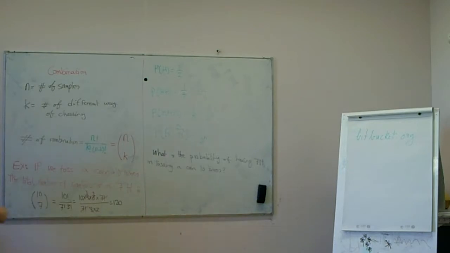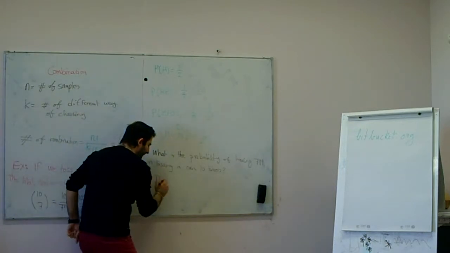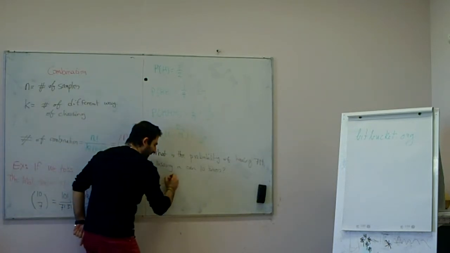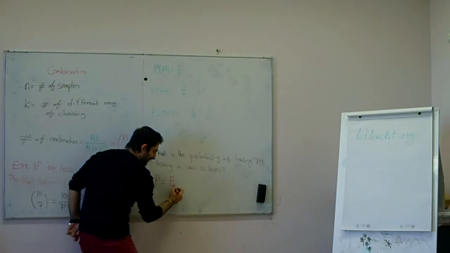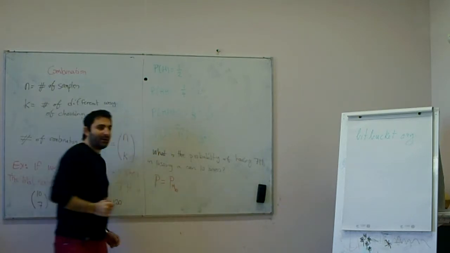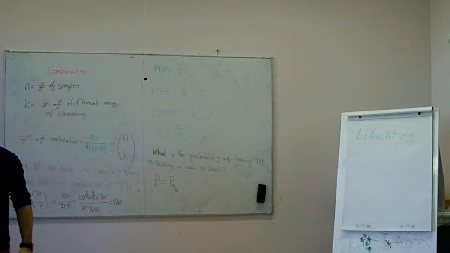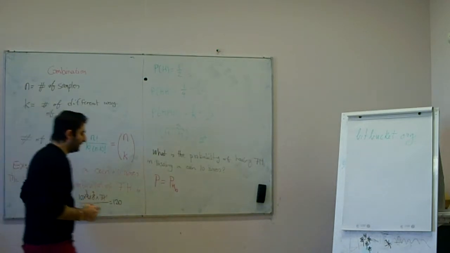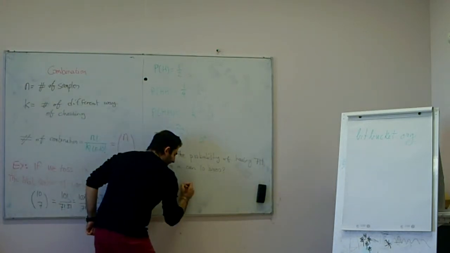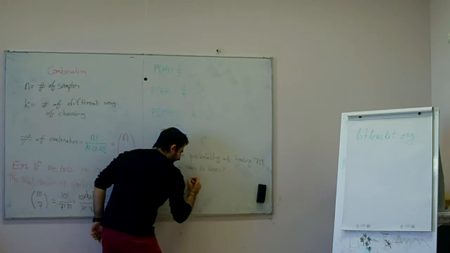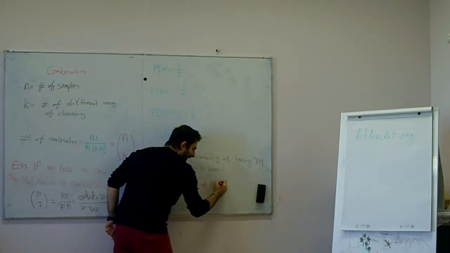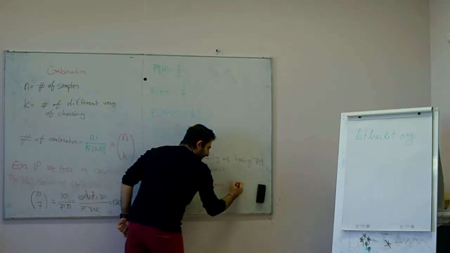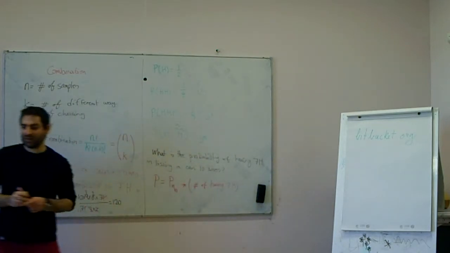How do I do it? The probability is the probability of head if I am tossing it 10 times, multiplied by the number of ways of having 7 heads. This is how we calculate it.